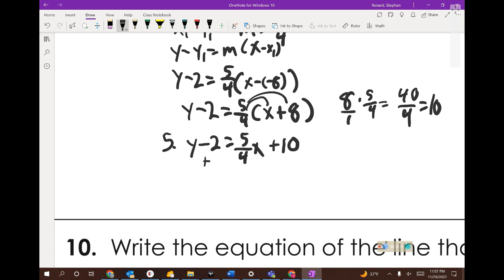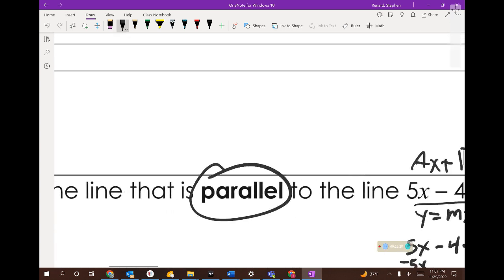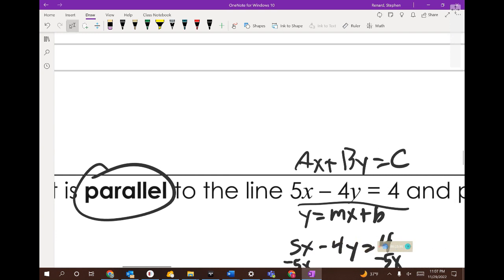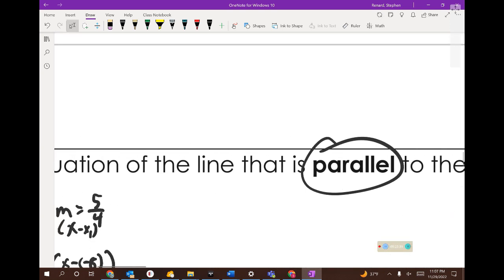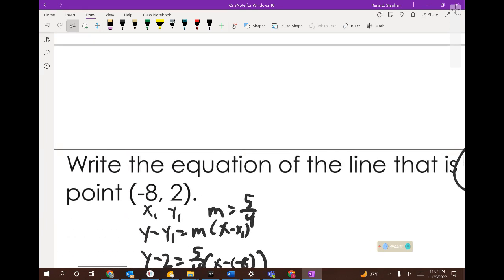We're going to add 2 to both sides. And we get y equals 5/4 x plus 12. So that is the line that is parallel to this line right here, 5x minus 4y equals 4, and it goes through that point.